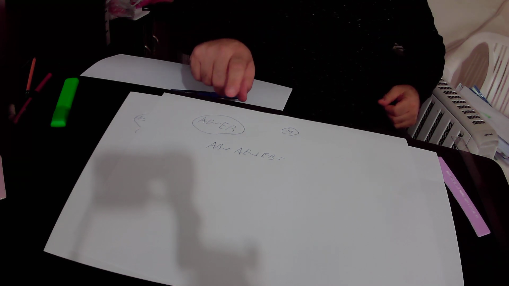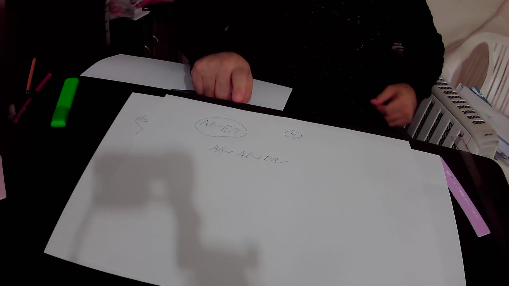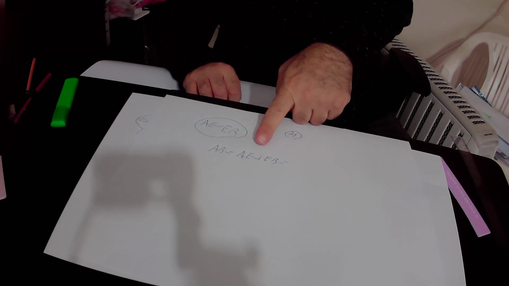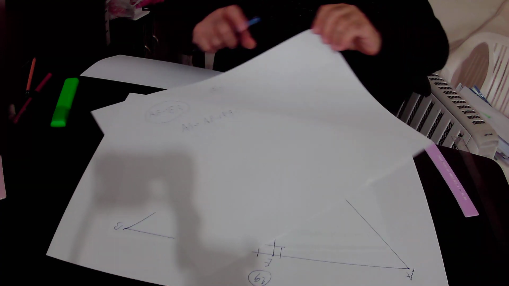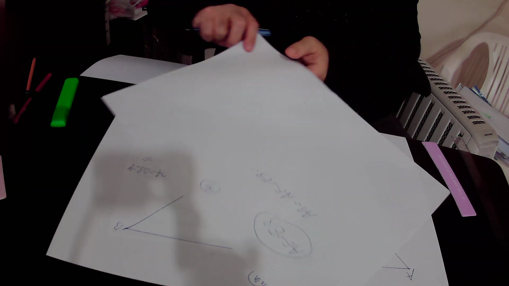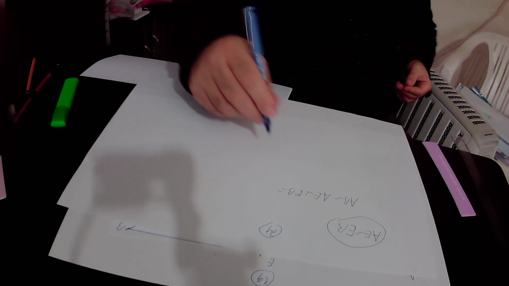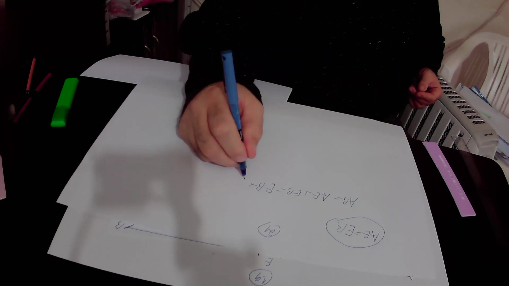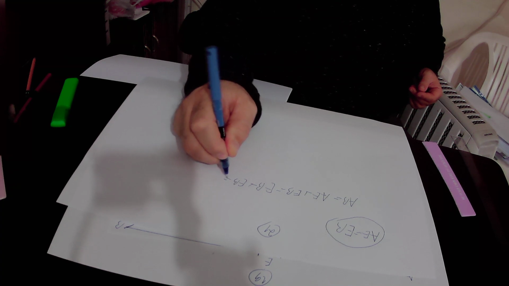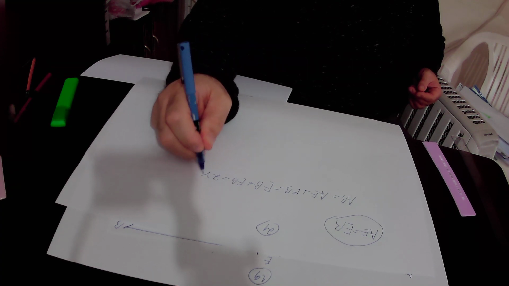But we have already found out that AE equals EB, so we can substitute AE in this equality by EB. So we'll do it and we'll get that AB equals EB plus EB. That is to say, AB equals 2 times EB.